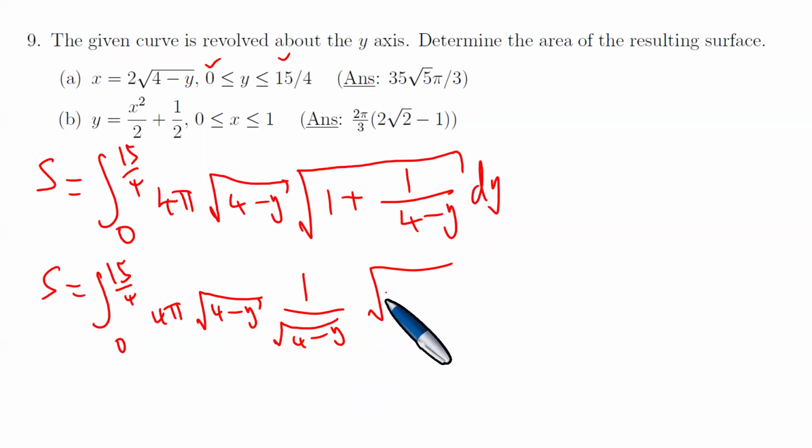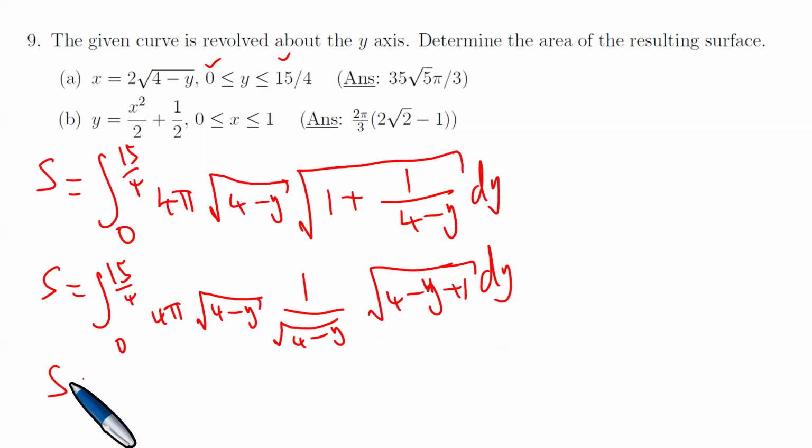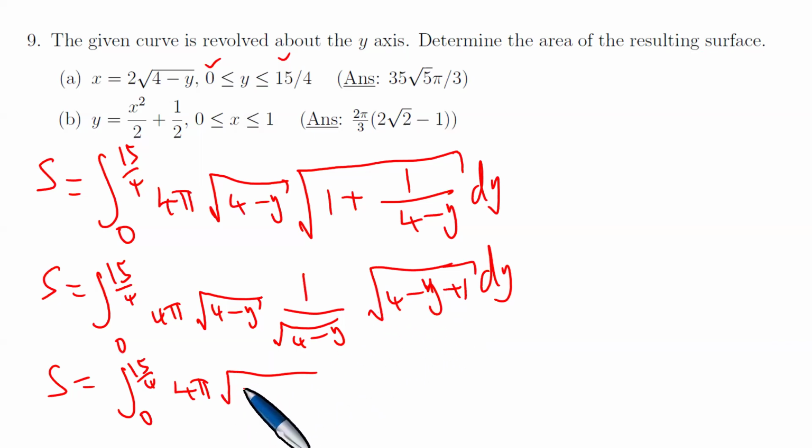Then you have the square root of 4 minus y plus 1, dy. This one cancels, giving us the integral from 0 to 15/4 of 4 pi, the square root of 4 plus 1, which becomes a 5.